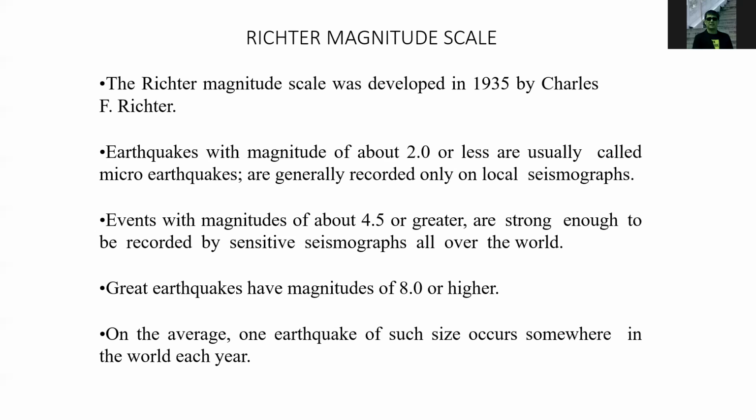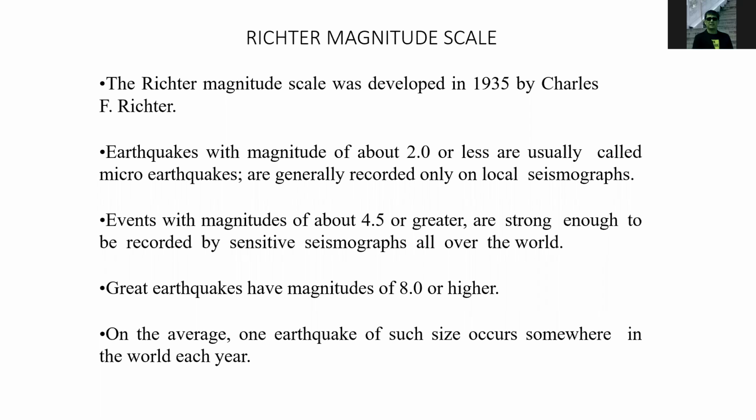A great earthquake is a magnitude of 8 or higher. On average, one earthquake of that size occurs somewhere in the world each year. So an 8.0 earthquake occurs once every year, but not only in the Philippines, it may be in a different area of the world.